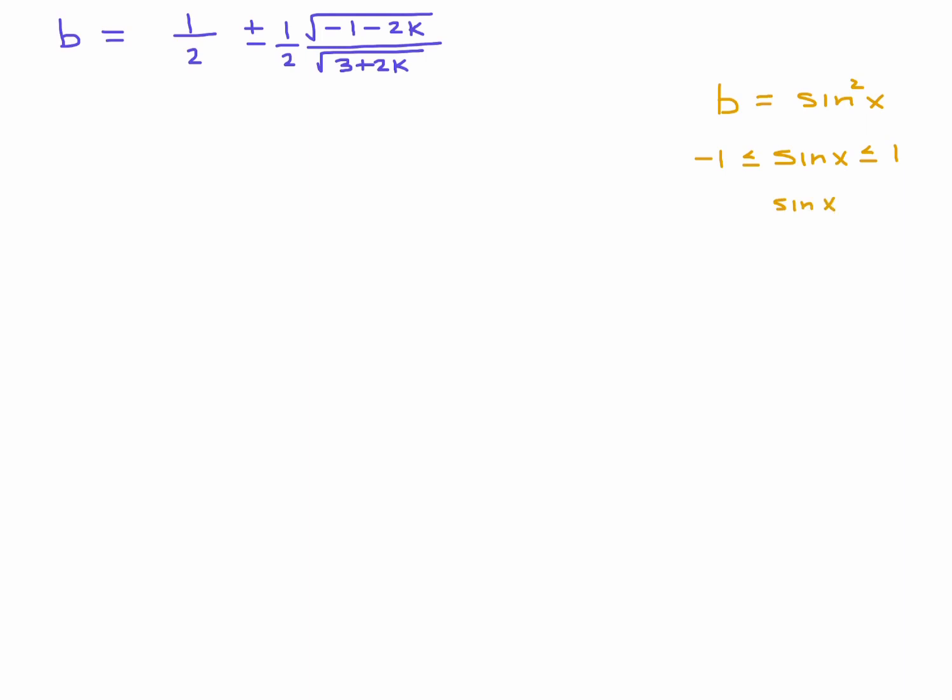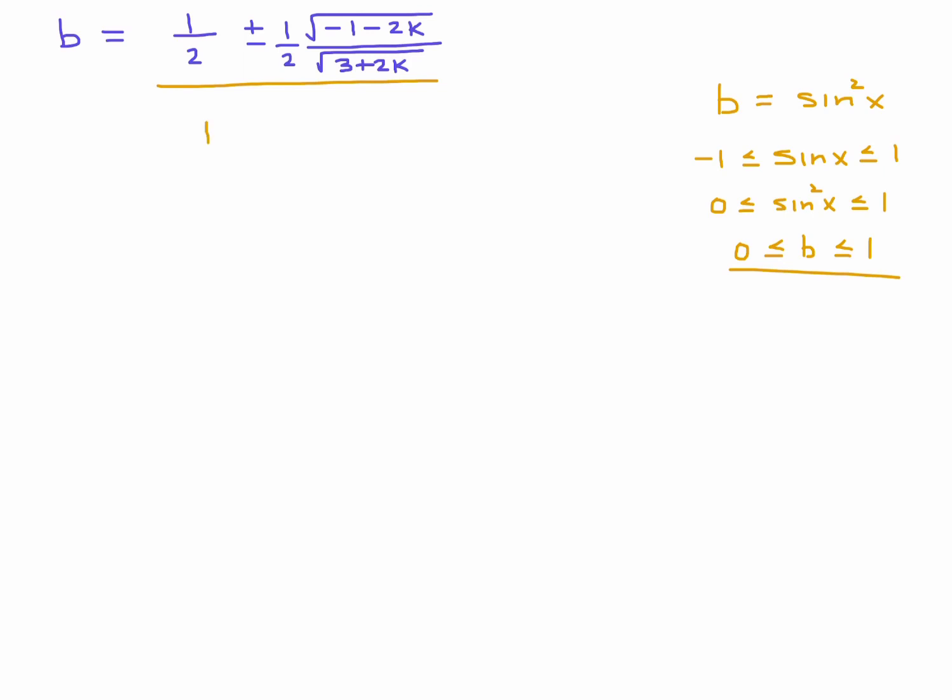So the sine of x squared, its range is between 1 and 0, its biggest and smallest possible values. So that means b has a range between 0 and 1. Okay? So for this to be b, it has to be between 0 and 1.